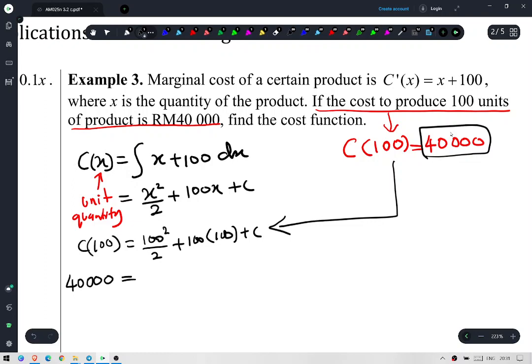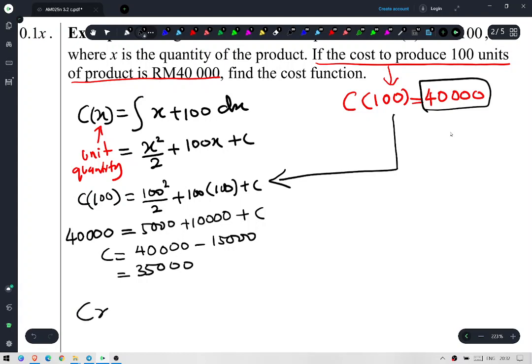This one, 100 times 100, is also 10,000. 10,000 plus C, so 15,000. So C is 40,000 minus 15,000, which is 35,000.